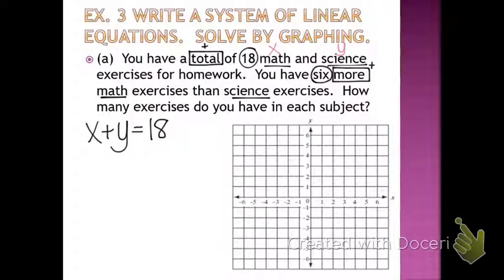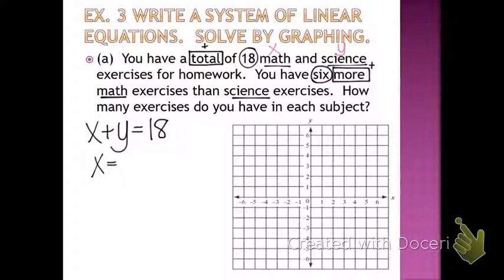Now, it's always going to be the second equation that's going to be a little bit tougher, because look what it says. You have 6 more math exercises than science exercises. So let's write down X equals. Let's talk about math exercises. So X equals, we've got a Y and we've got a 6.